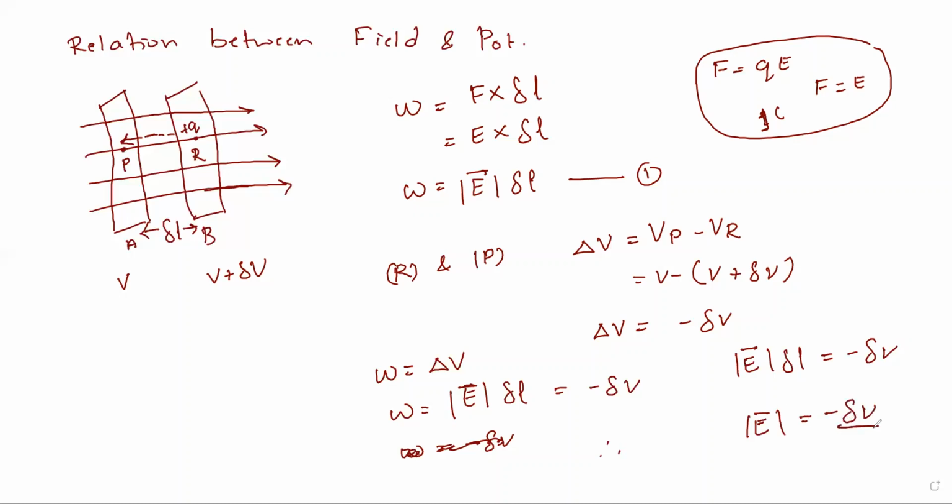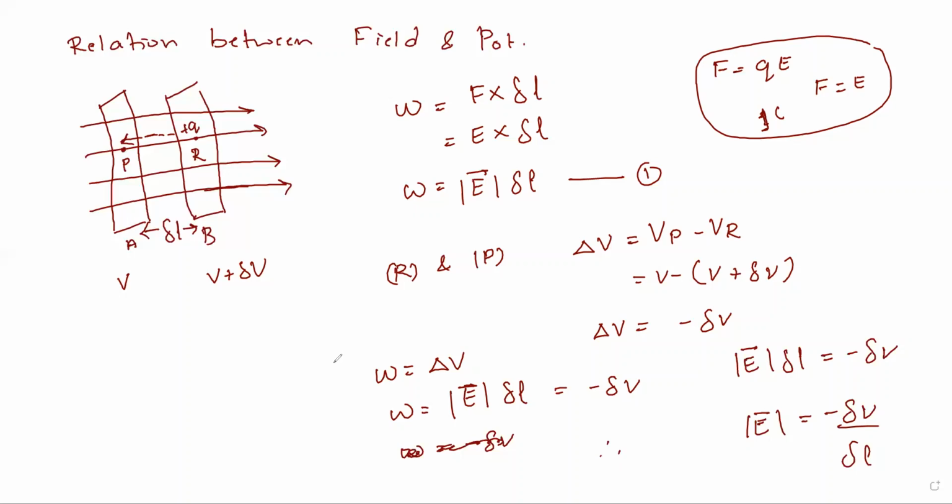Minus delta V by delta L. This is the relation between the field and the potential. So this is a simple mathematical equation, they're just interchanging and all. You will get it for 2 marks, or with the conditions you may get it for 3 marks.